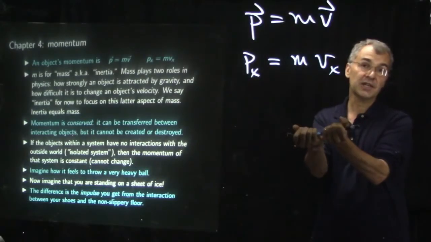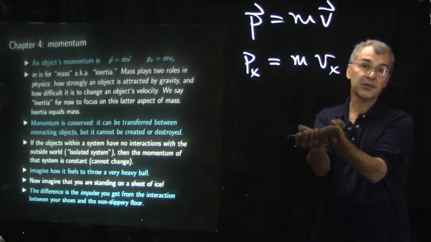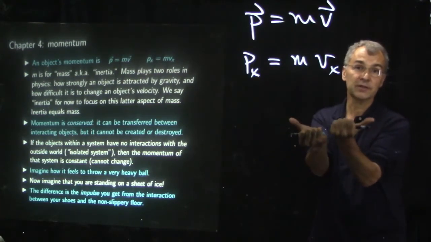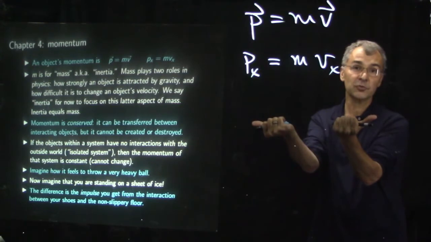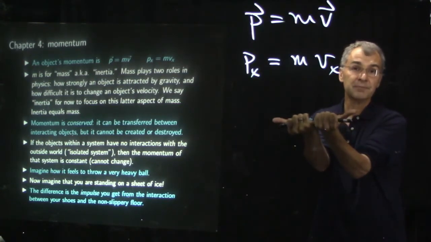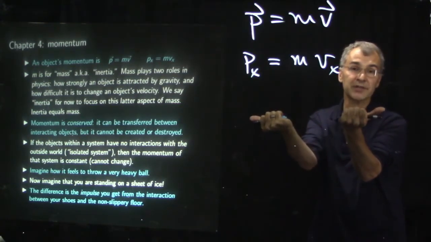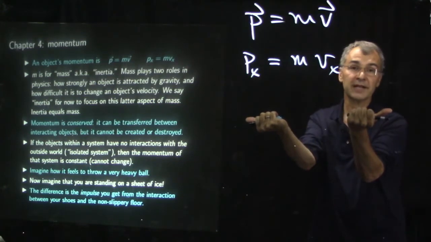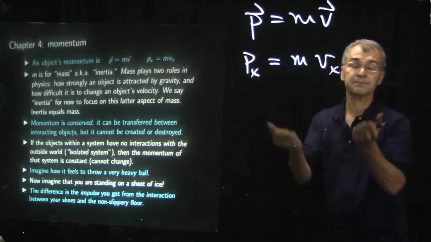So you can see that one of the two objects will gain momentum going this way, one will gain momentum going this way, because they push on each other, but the total momentum of the two objects is the same before and after their interaction with each other.